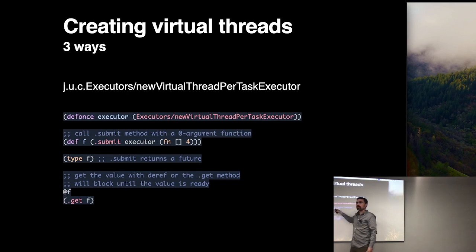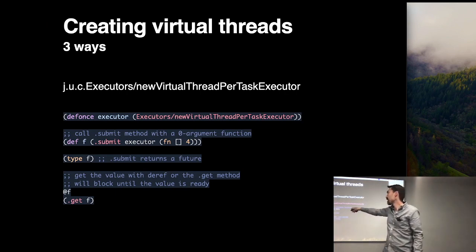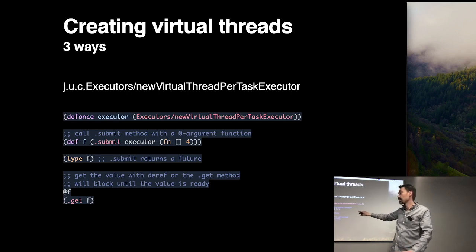Of course, functions work as Runnables, so with no arguments, you can just do your thing. The nice thing about the executor is it returns a future. Because I'm defing it to f, f would be a future, and then I can deref it, or I can call the get method, and that'll block the current thread until the thing's done.